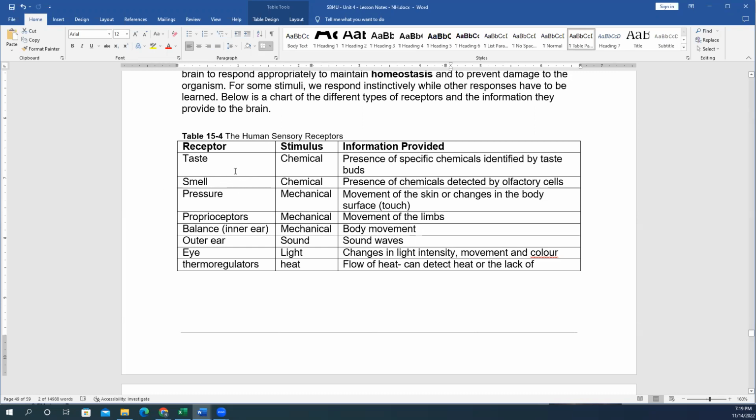Our smell receptors, again, will respond to chemical stimuli and will provide the presence of chemicals as detected by our olfactory cells and the smell receptors to different parts of the brain.